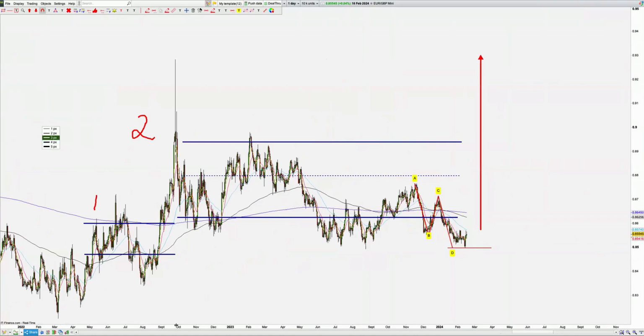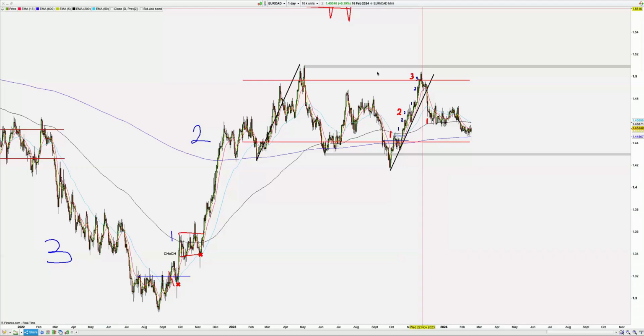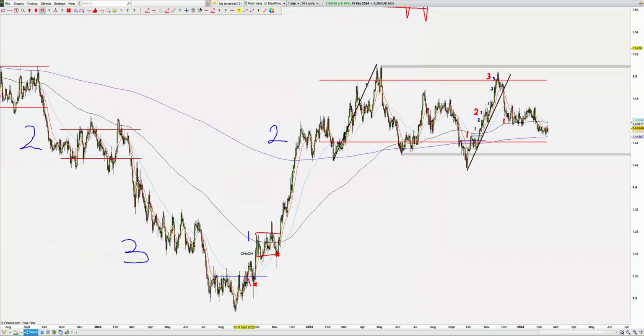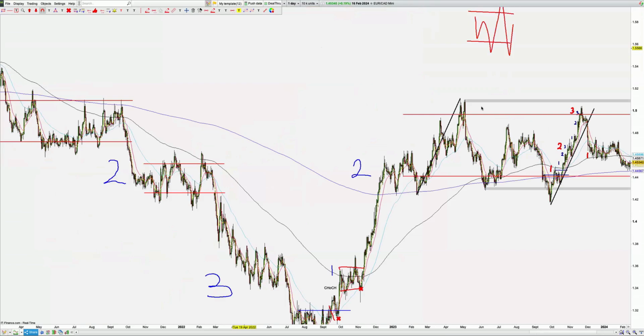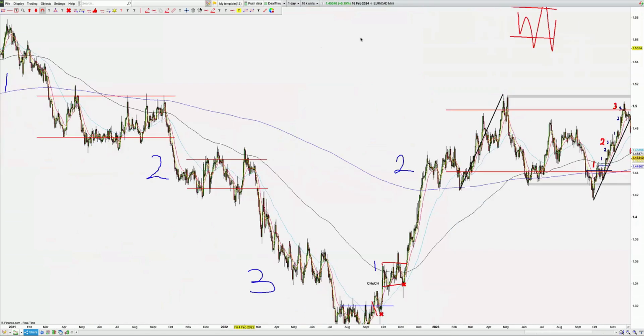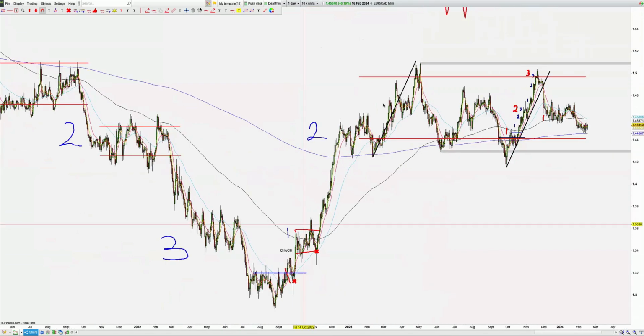Next. What have we got next? We've done AUD USD. We started about Euro CAD. Okay, let's have a look at Euro CAD. So Euro CAD is showing us, you can see the 1, 2, 3 to the low. You can count a 1, 2, 3 up, making 1, 3 and 1.